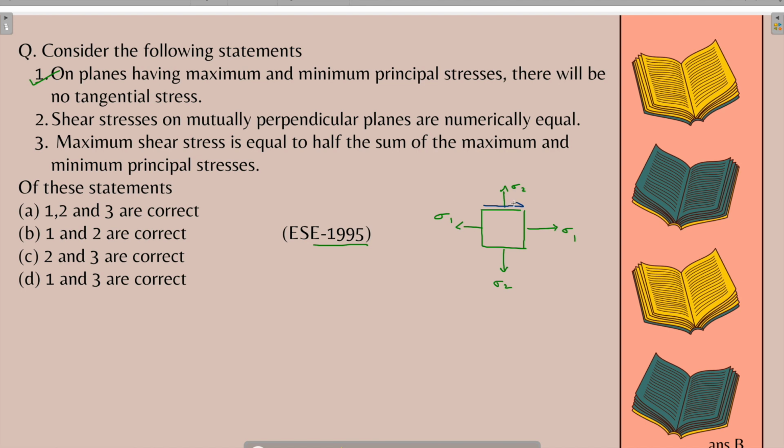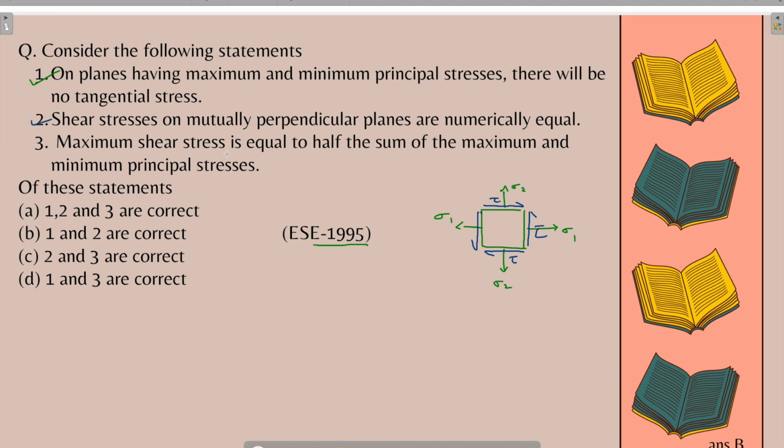So yes, it is also true. The value of shear stress is always equal, but the direction is opposite. So this is the direction of shear stress, and this statement is absolutely correct.